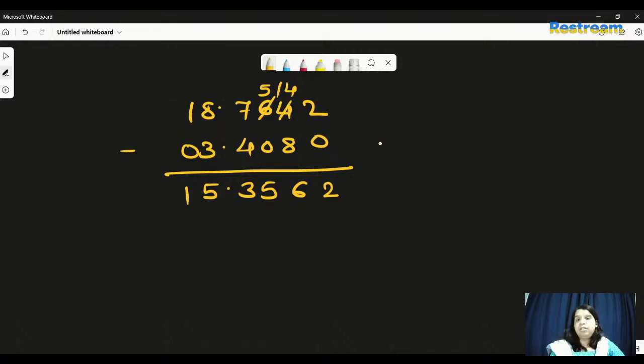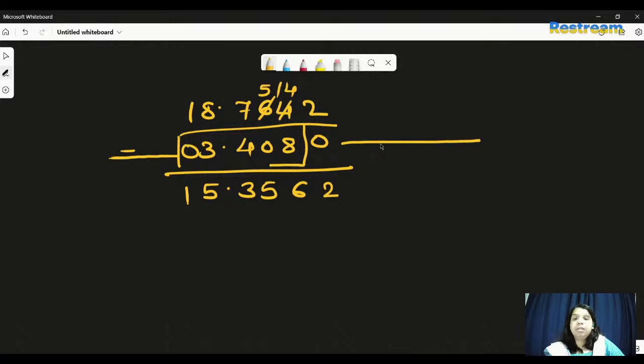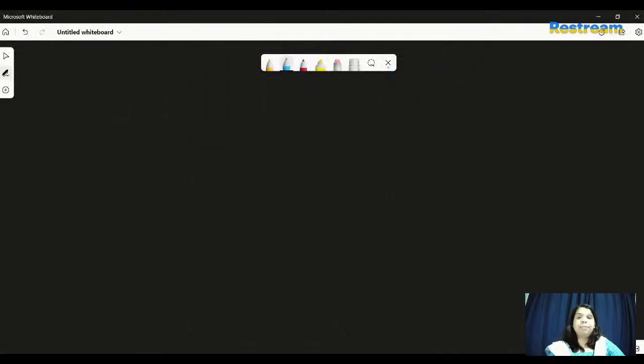So for your convenience, you can add any number of zeros after the decimal digits. There is no restriction on how many zeros you can add here. But you have to remember that this part of the number stays as it is. You cannot add a zero here or here. That is not allowed.